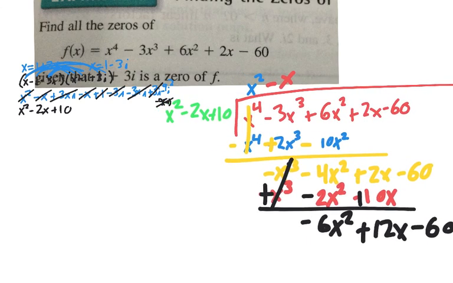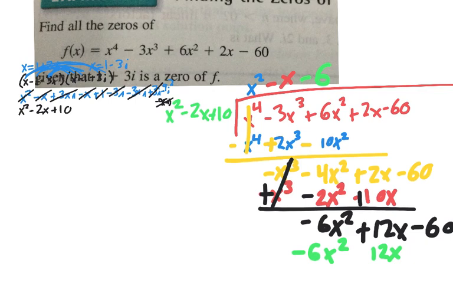Okay, now I have an x squared, and I want it to become negative 6x squared. So what do I need to multiply by? Negative 6, because I want it to match. So I'm going to multiply by negative 6. Negative 6 times x squared is negative 6x squared. Negative 6 times negative 2x is positive 12x.